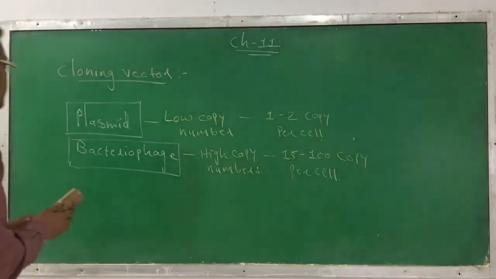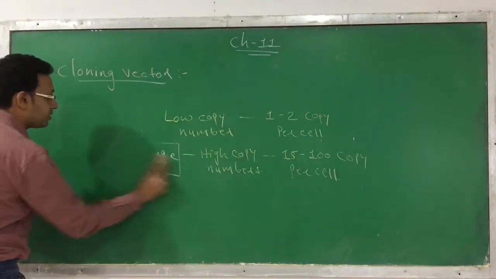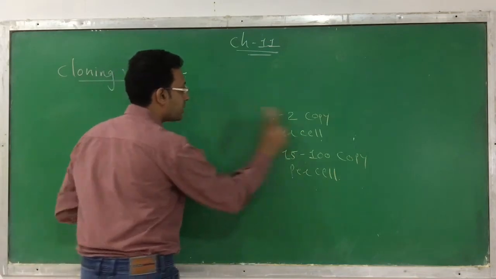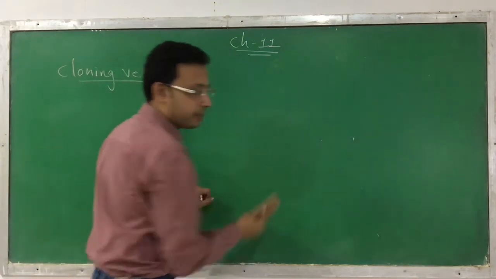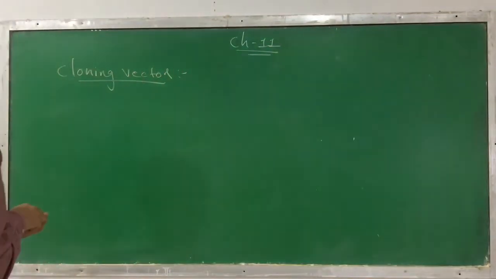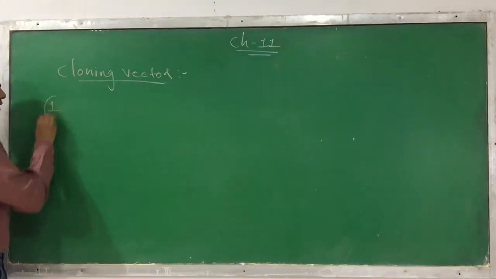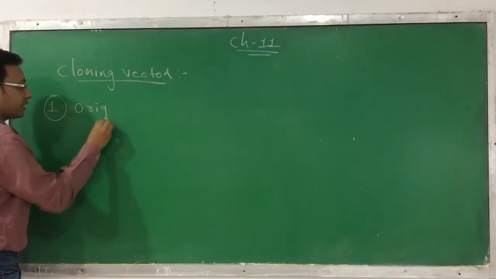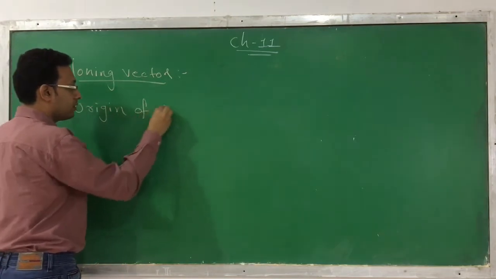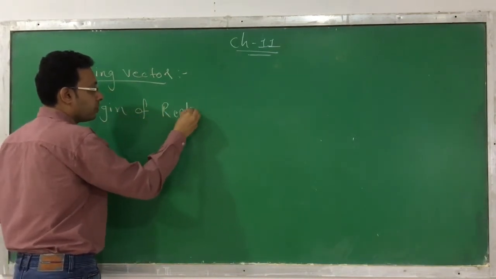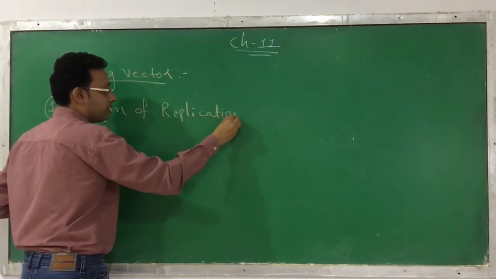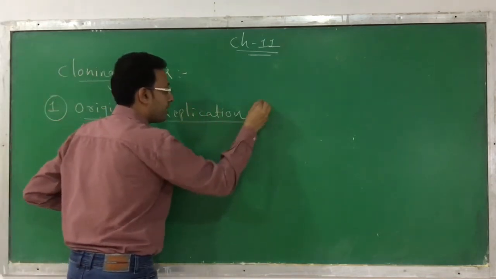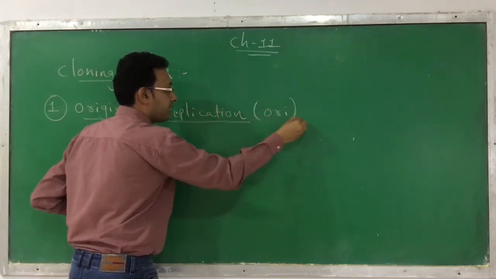One of the first features required by the cloning vector is its origin of replication. The first requirement is called origin of replication, shortly called ORI.